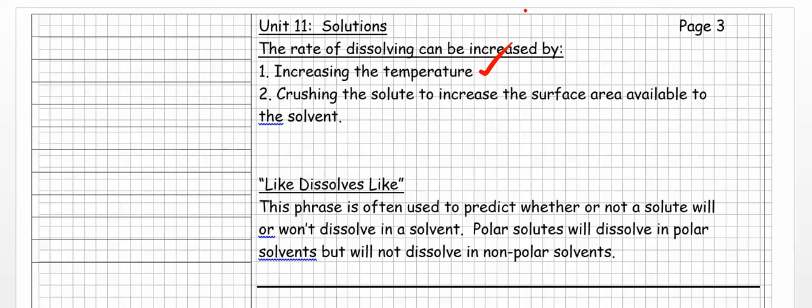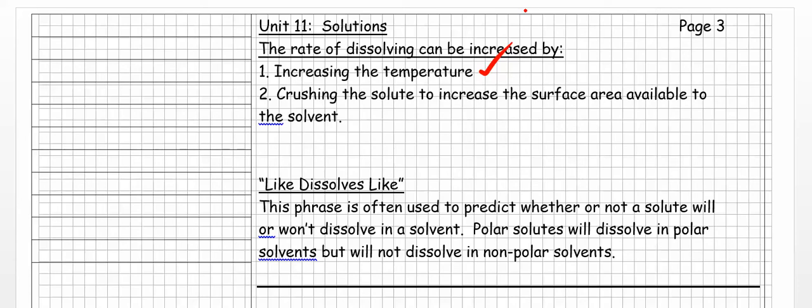But the point is that by crushing the baby aspirin, she was increasing the surface area of the solute, that was the baby aspirin, dissolved in the solvent, that was the water or the milk, right? And she was increasing the speed at which the solubility occurred, and therefore increasing the speed that I got better. That's the main thing, right?